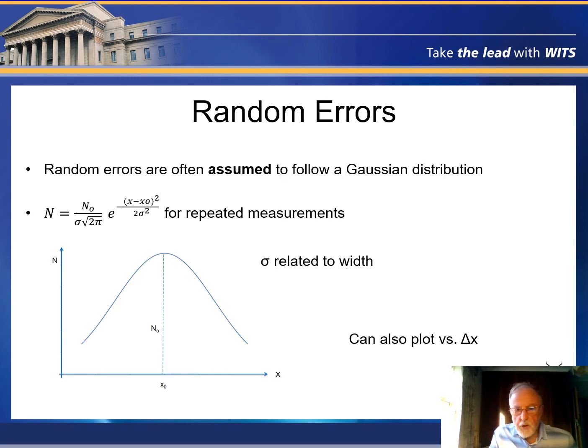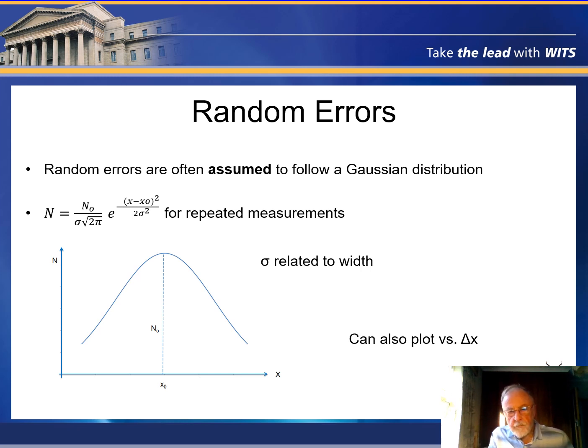Random errors are often assumed to follow a Gaussian distribution, sometimes known as a bell curve. And I say assumed in big letters because experimentalists often say, well, we know from theory that they'll be Gaussian, and theoreticians say, well, we know from experiments that errors will be Gaussian.